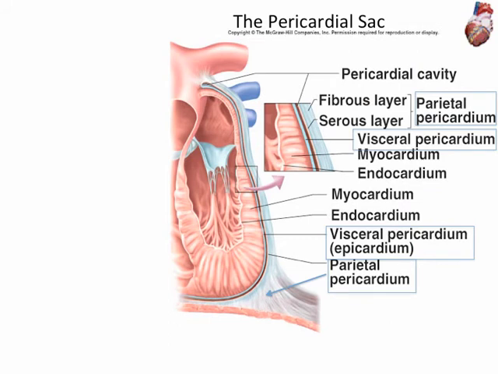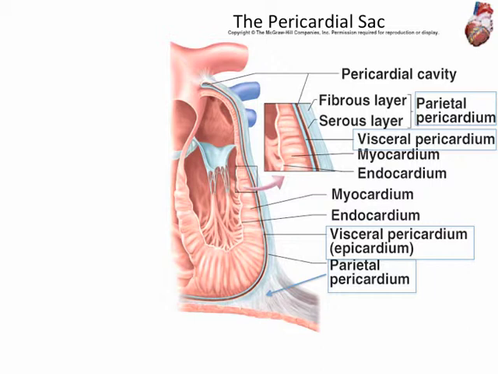So this is just another cartoon of the pericardial sac, and you can see they take the little inset, or that square part, out of the heart, not up by the pulmonary trunk, but rather a little bit lower in the heart, but it's still got the same layers.